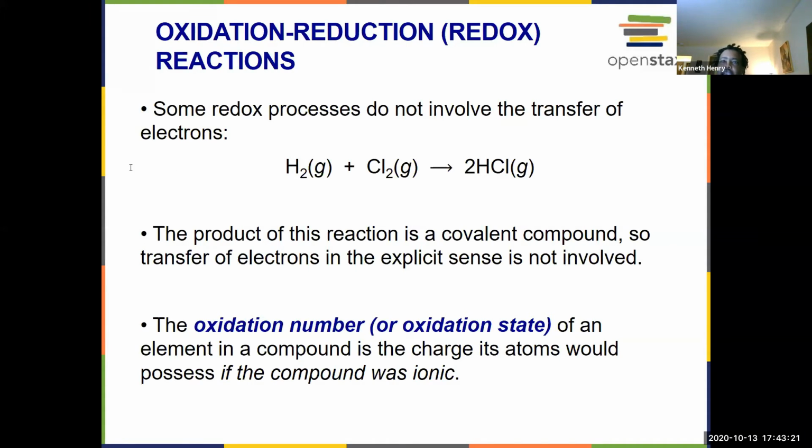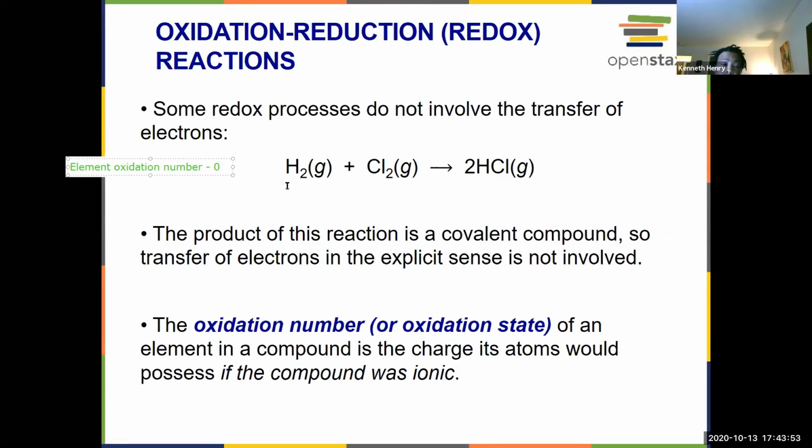And there's kind of a hierarchy to the rule as well. So an element's oxidation number is always going to be 0.